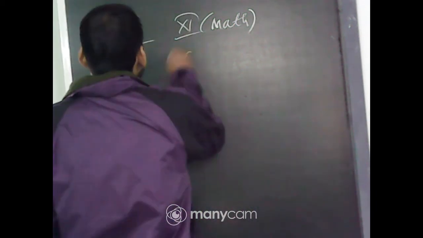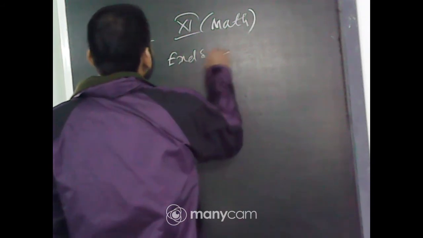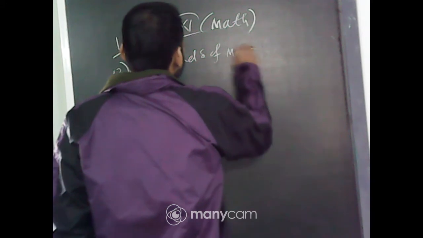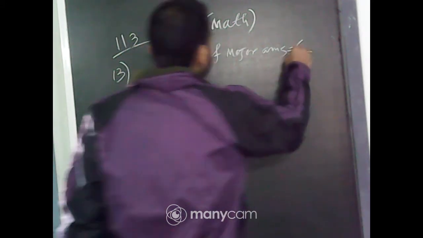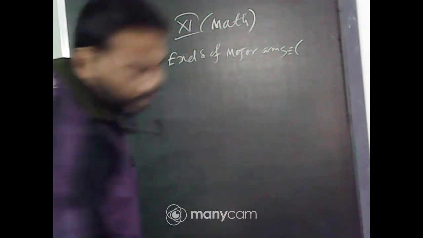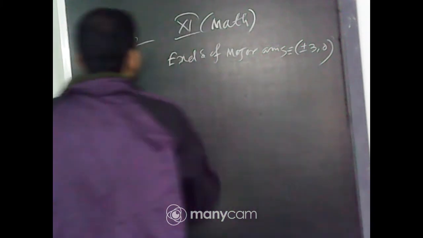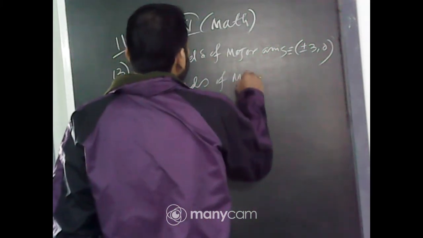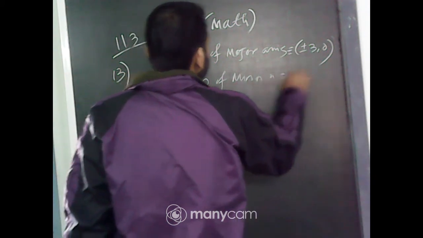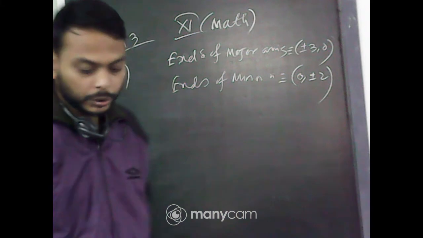Two conditions are given here. Ends of major axis, that is plus minus 3 comma 0, and ends of minor axis, that is 0 comma plus minus 2.